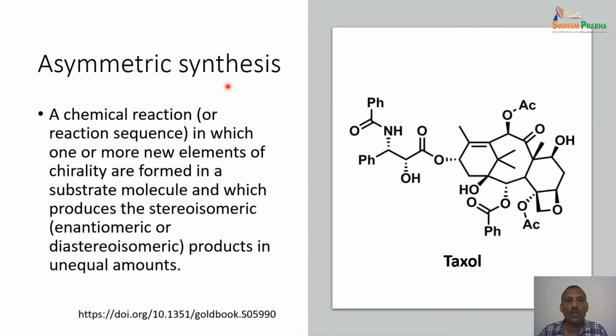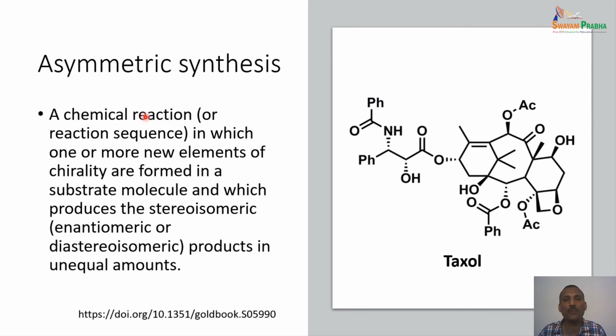Now let us look at the most promising compound for cancer treatment, which is Taxol. So we will now talk about what is asymmetric synthesis. Basically it is a chemical reaction or a reaction sequence in which one or more new elements of chirality are formed in a substrate molecule and which produces stereoisomeric products in unequal amounts. So these are all the examples.